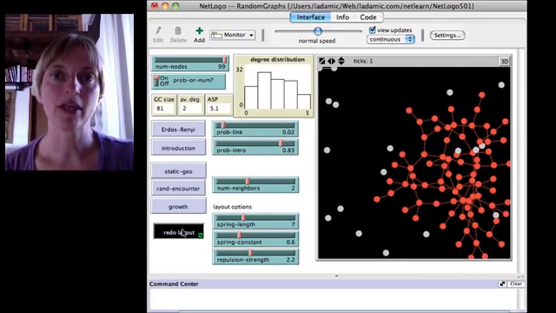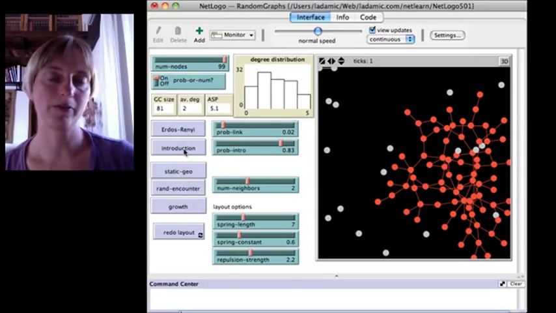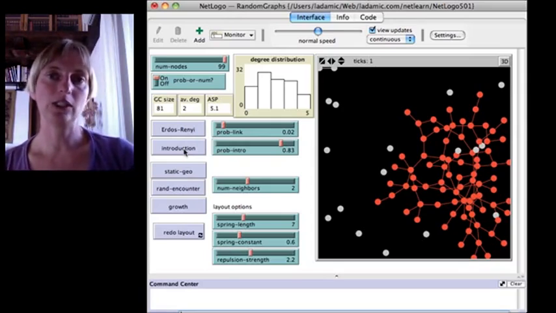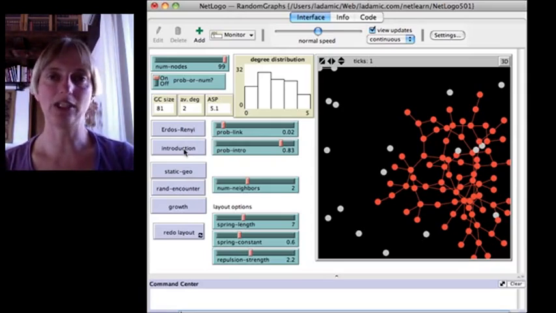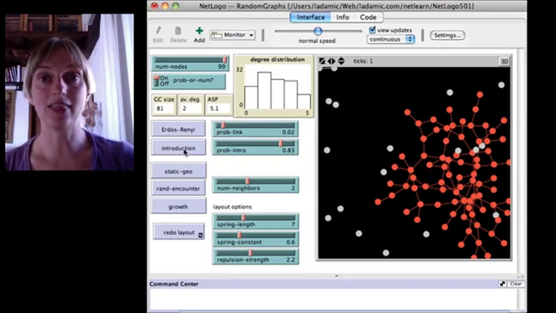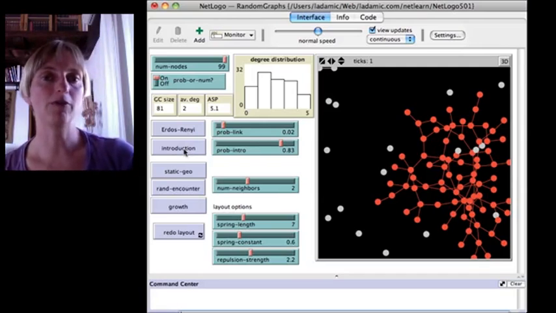Now, the first model that we'll be looking at is the introduction model. In the Erdős-Renyi model, what you have is just nodes forming edges at random. And you might think, well, in a social network, maybe that's not that realistic. Certainly some encounters are random. However, a lot of people we meet through our friends.